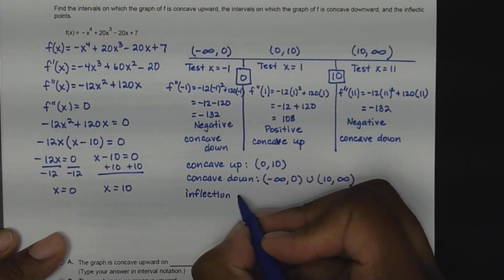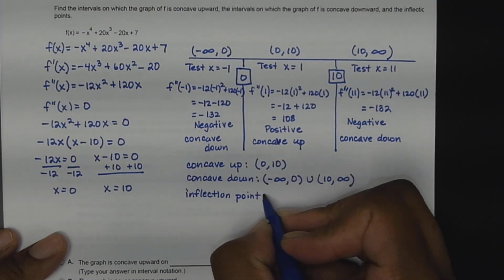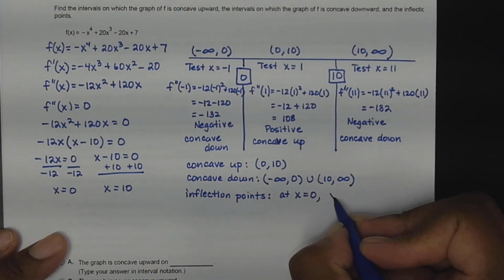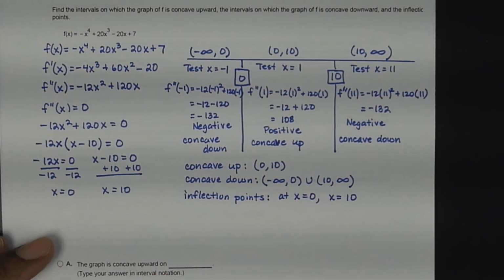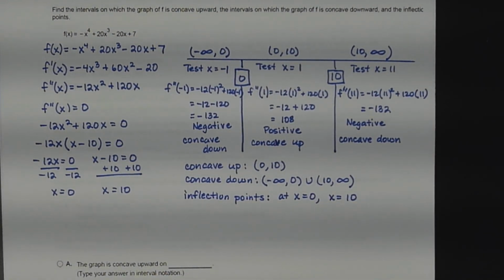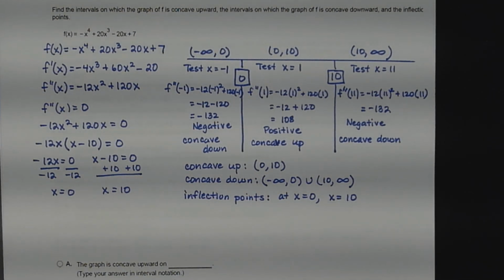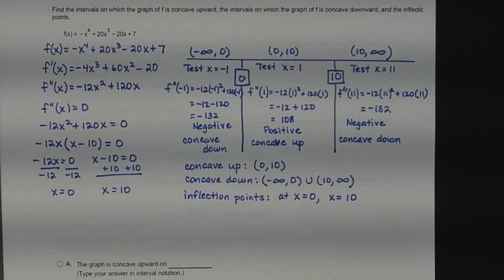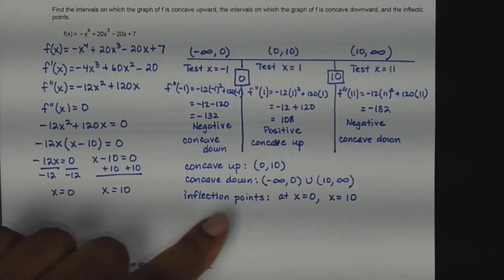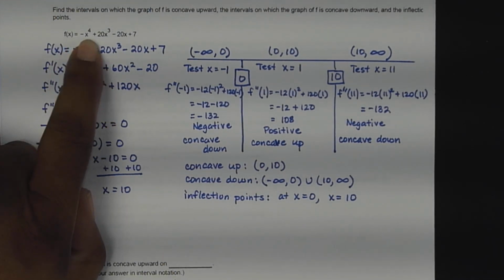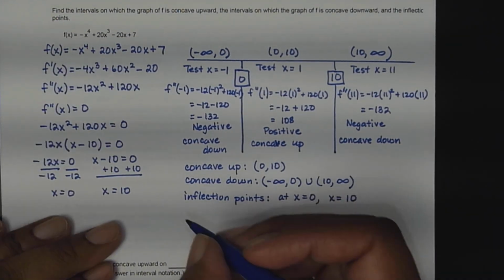So our inflection points occur at x equals 0 and at x equals 10. Now we need to find out what the y values are for each of those x values, because the inflection point is an ordered pair. All right, let's start with x equals 0. We're going to substitute each x in the original function with 0.